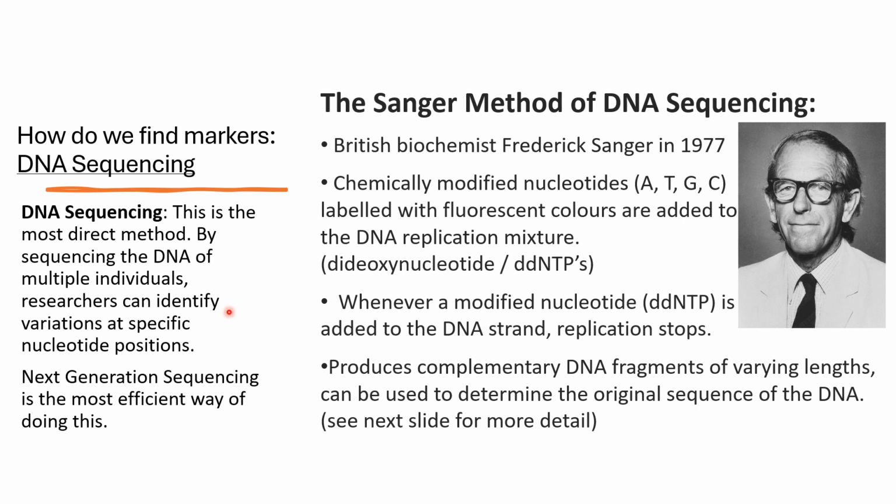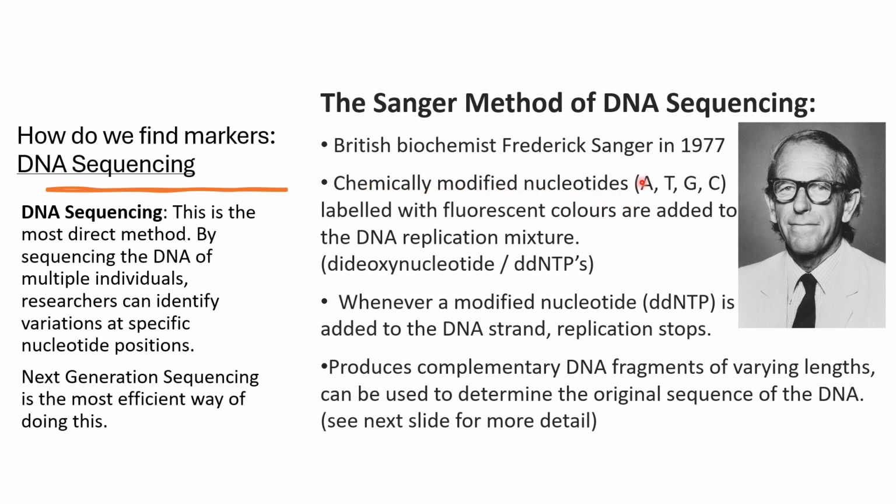Then we also have next generation sequencing, which is the most effective way. And at the end of this, I'm going to ask you to go back to the actual presentation where the video link is inserted to a good video on YouTube that will take you through how next generation sequencing works. Okay, so the Sanger method of DNA sequencing, what they do to make this work is they use chemically modified nucleotides.